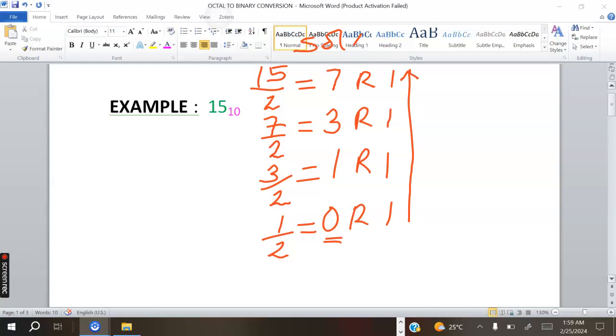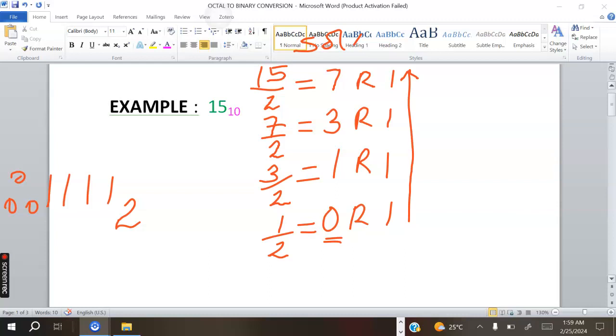Therefore, this is the final answer: reading going upward, it is 1, 1, 1, 1. There are supposed to be 4 ones. Then you write the answer with base 2, to show that we have converted the number from decimal to binary. For binary, the answer is supposed to have base 2.